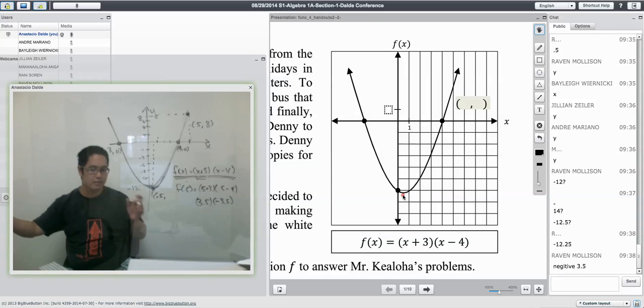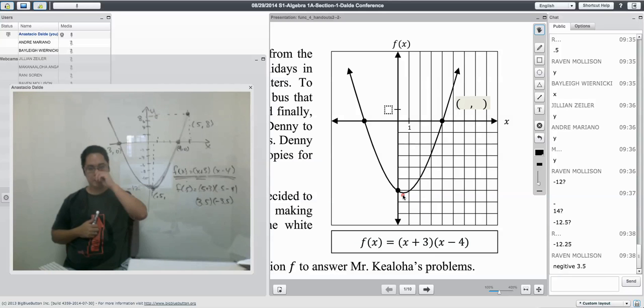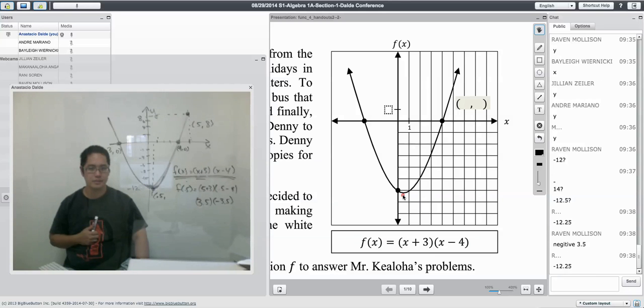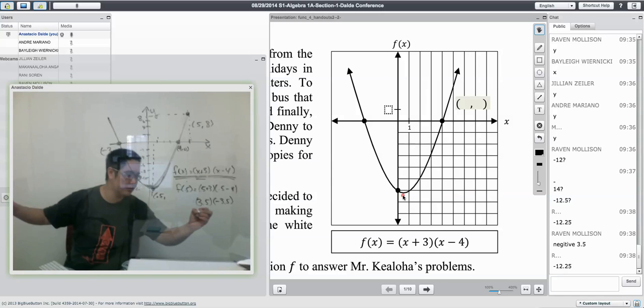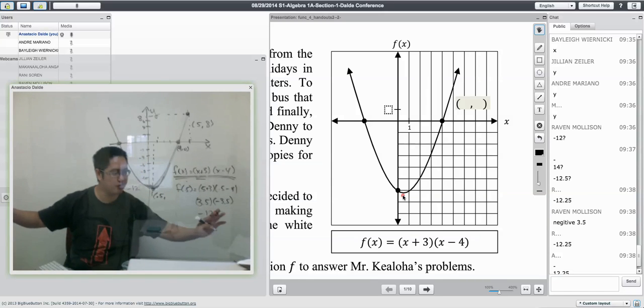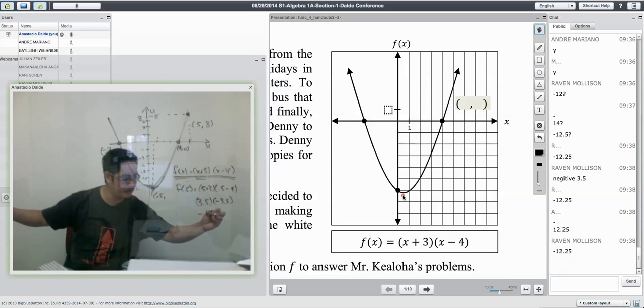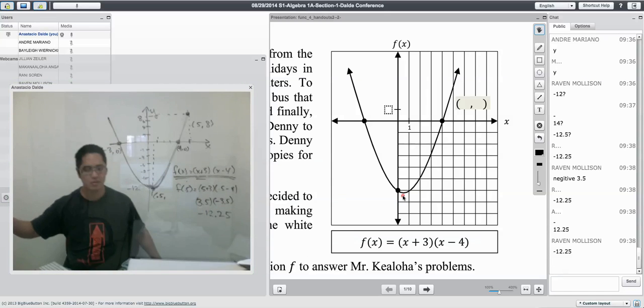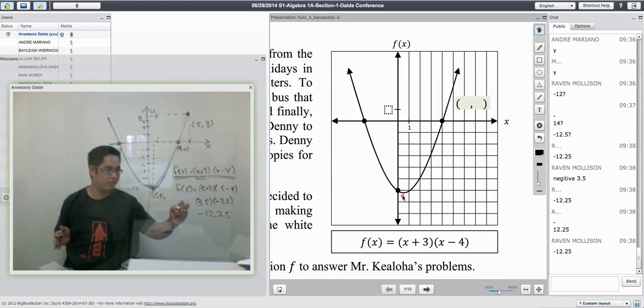What is 3.5 times negative 3.5? Do you have a calculator on you? I don't got mine. Negative 12.25. Great job.